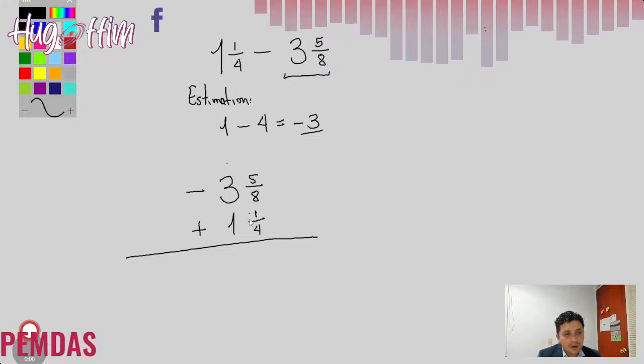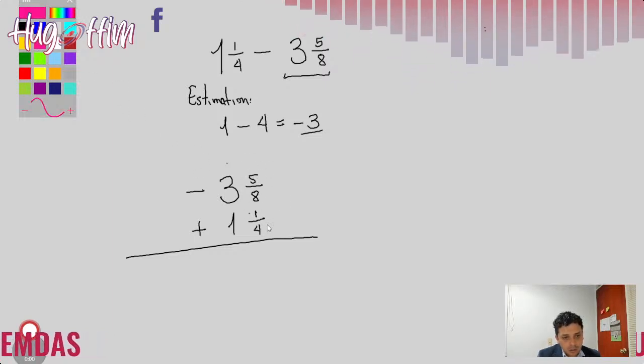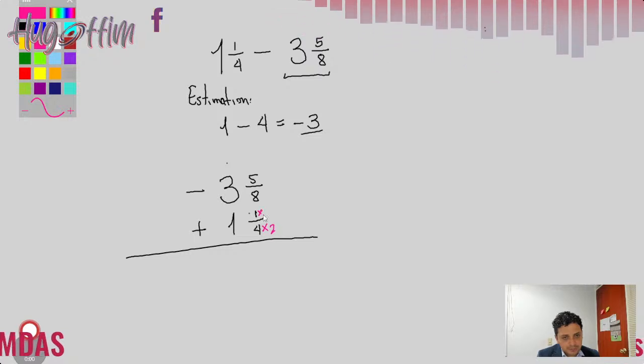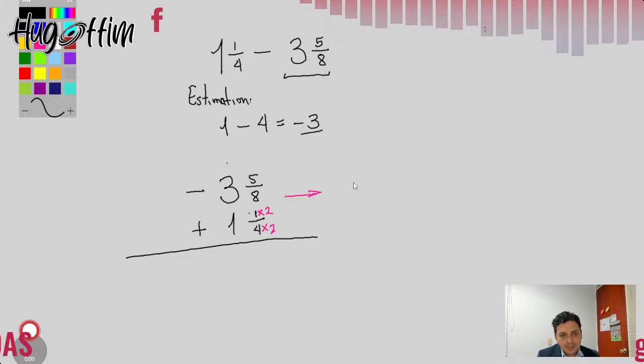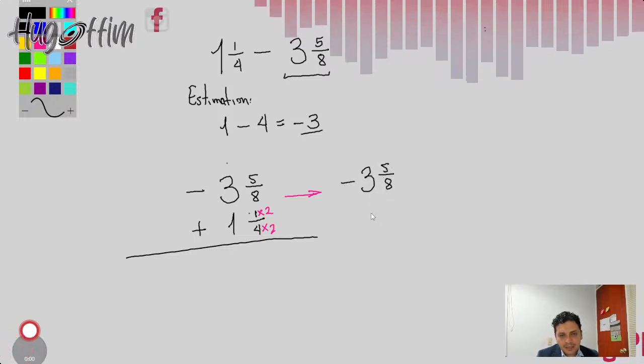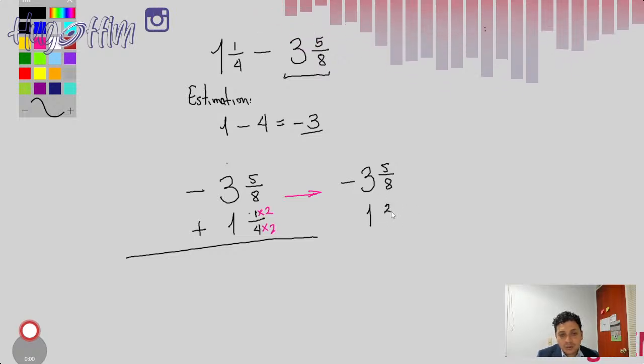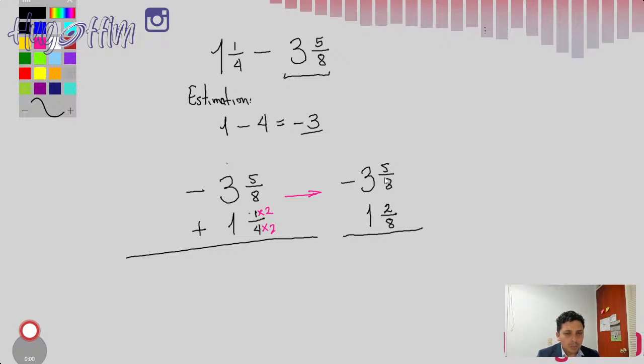I need to have common denominators, so I'm going to multiply by 2 to get common denominator 8. So negative 3 5/8 plus 1 and 2/8. Now I'm just going to operate.